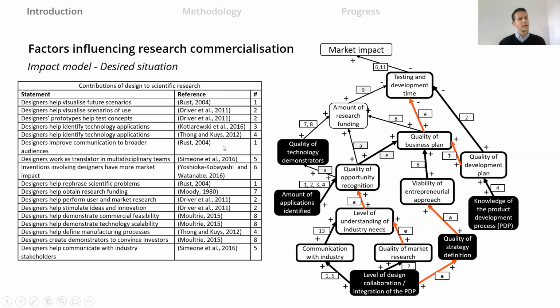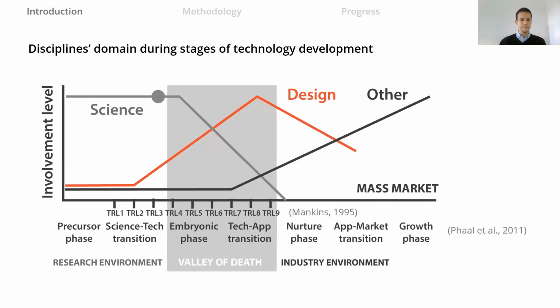Research has already identified benefits that designers can bring to scientific research, but we needed a clear framework or a clear structure on how to do collaborations between the two disciplines, aiming to commercialize technologies. And it's important to highlight these TRL, technology readiness levels.